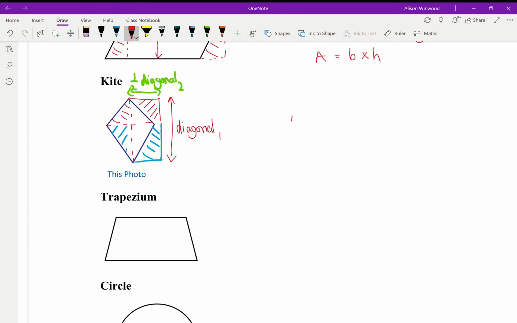So the formula for the area is the product of the diagonals divided by 2.